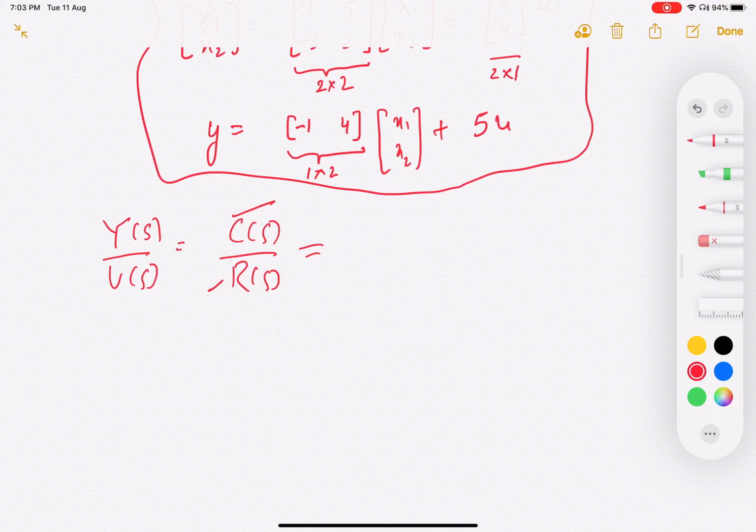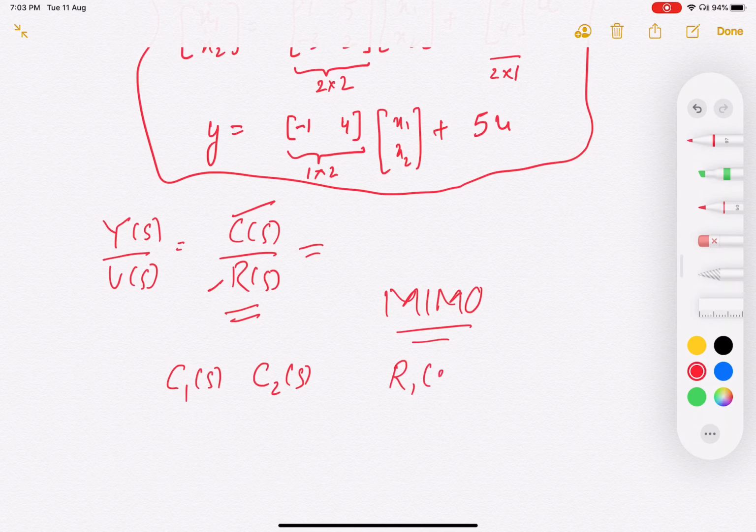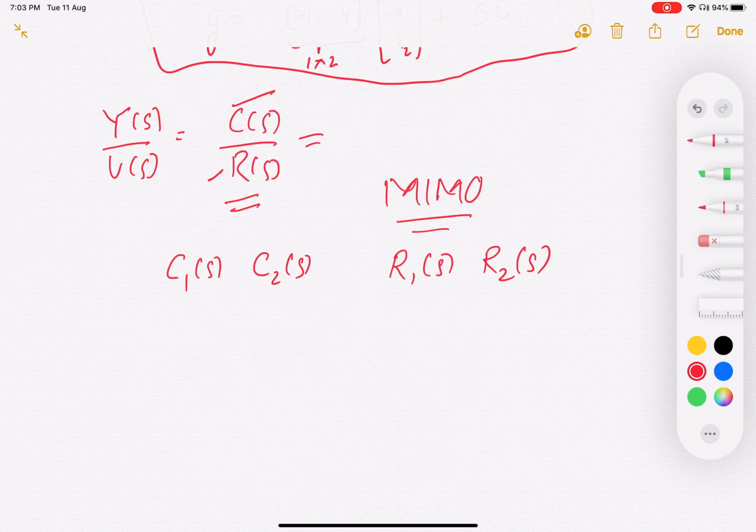But for a multiple input, multiple output system, you'll need transfer functions between all the inputs and all the outputs. So you will not have a single transfer function for MIMO systems, because the transfer function is the ratio of the output by the input. If you have two outputs, C1(s), C2(s), and two inputs, R1(s) and R2(s), then for an LTI system the transfer function representation has to be between these outputs and inputs.